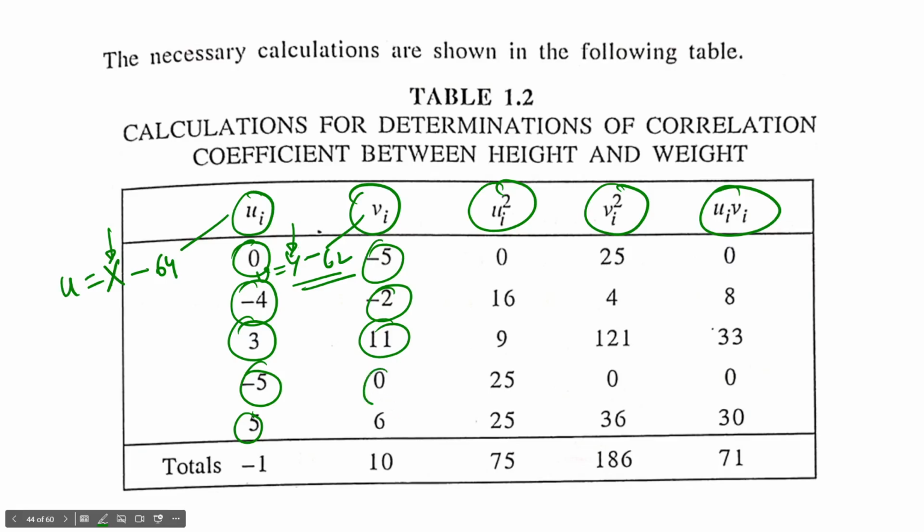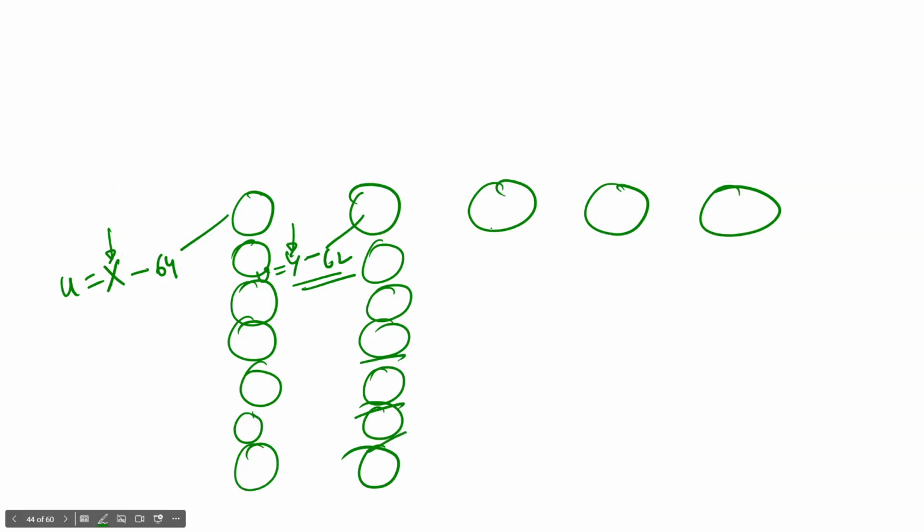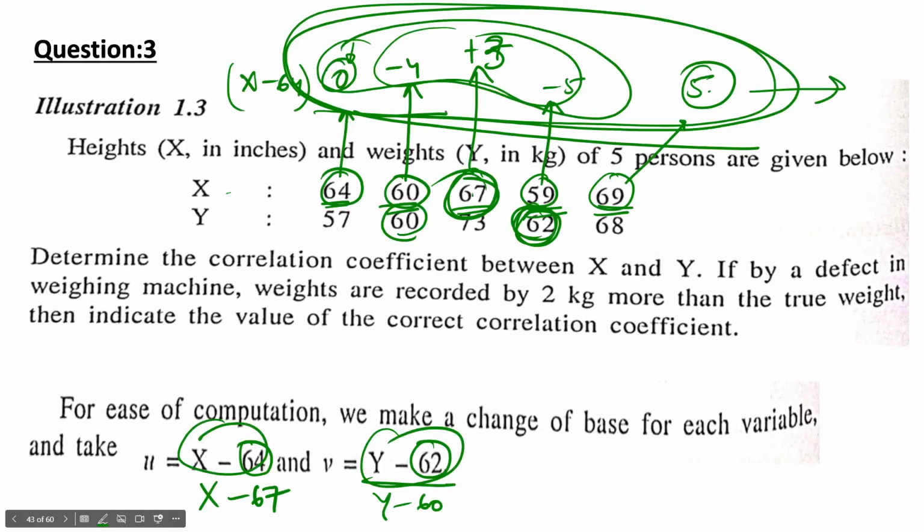Okay, so after that, when you find this u and v, you will get some minimum possible sum that would make further calculation possible. So u square, similarly you have to square all of this. If you find the values in 1 digit or maximum 2 digits, that would be good. That is another advantage of changing the base and origin, that I have already discussed in the first question also.